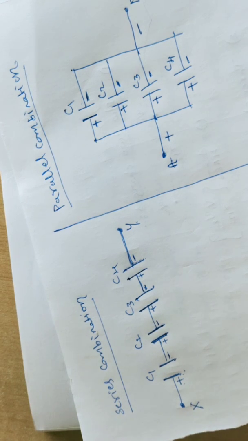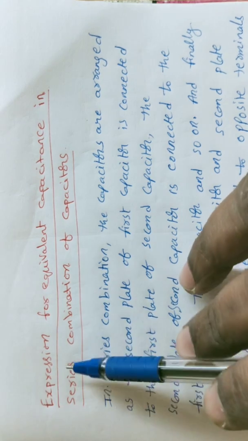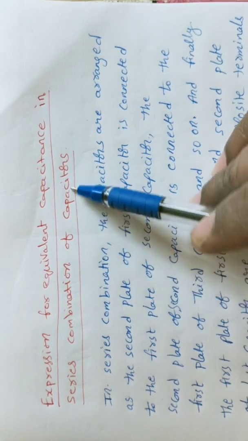Now we are ready to discuss the effective capacitance in both combinations. First we will go for the series combination. Okay friends, now we are going for the expression for equivalent capacitance in a series combination of capacitors.